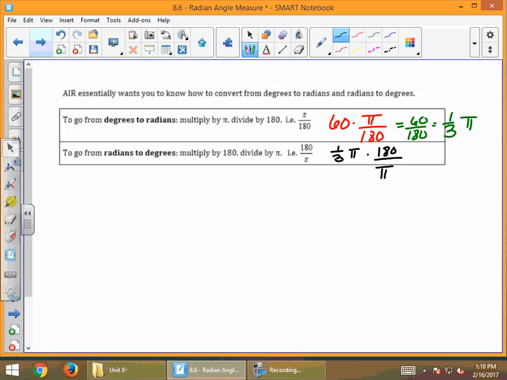They cancel out. So then all you have to do, you just ignore the pi's. Just do 1/3 times 180. And 1/3 times 180 is what? 60 degrees. Okay. So instead of doing all that work that we did on the front, found the arc length, divide by the radius, just know these conversions. Okay? And that will give you the radians, and you can do them backwards and find the degrees. Okay. Questions over that?